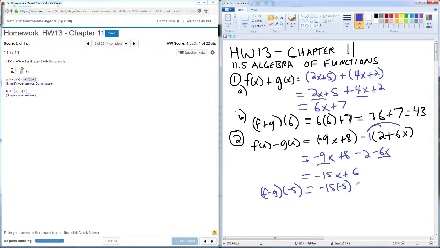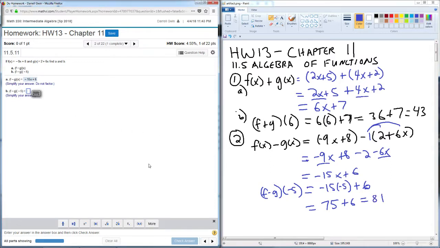I plug a negative 5 in for x. Oh, that's a tough one. I know negative times negative is a positive number. What is 5 times 15? 15, 30, 45, 60, and 75. Plus 6 is 81. Check our answer.